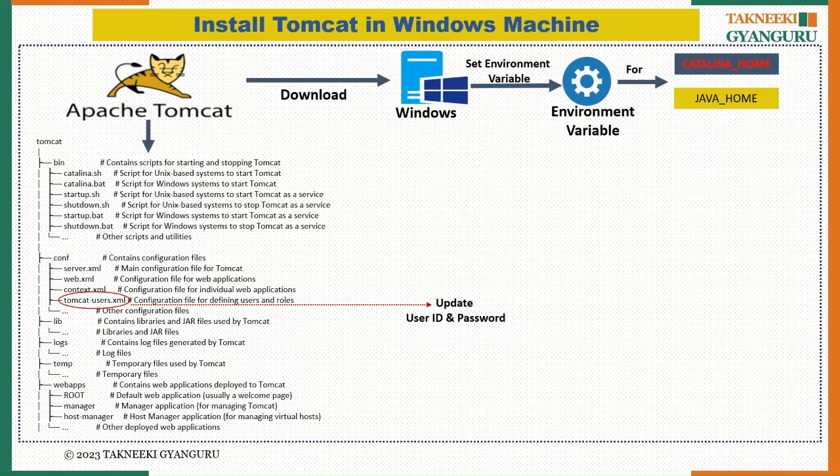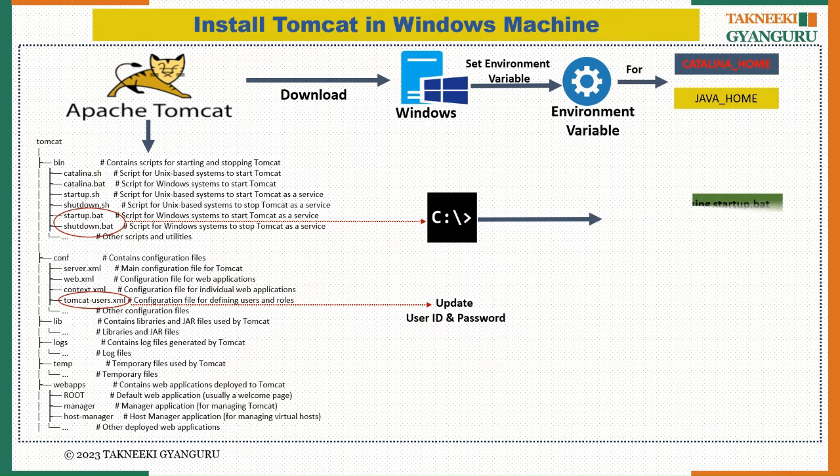Now once the configuration is done, we will go to startup.bat. First of all, we'll open a command prompt, go to the bin folder, and start Tomcat using startup.bat. Once startup.bat is run, your Tomcat will get started, right?